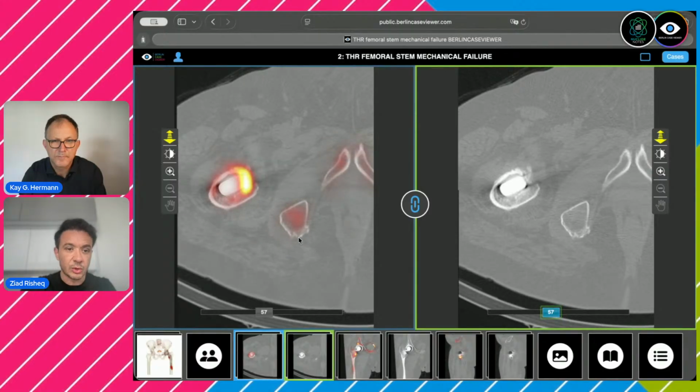And this is all showing intense FDG, intense tracer uptake. So under normal conditions, we should not see this appearance. You can see mild to moderate uptake around the calcar region because there's constant bone remodeling around there, but not to that extent.